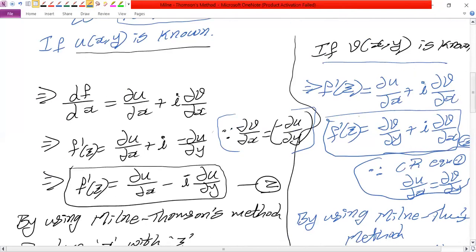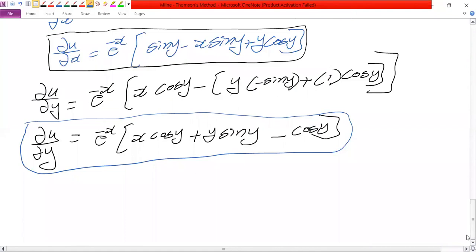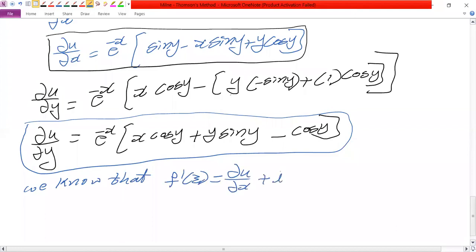We can take that as a formula directly, or we know that f dash of z equals dou u by dou x plus i into dou v by dou x, but dou v by dou x we don't know.